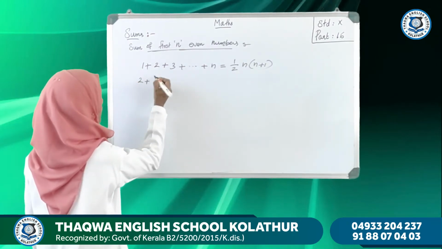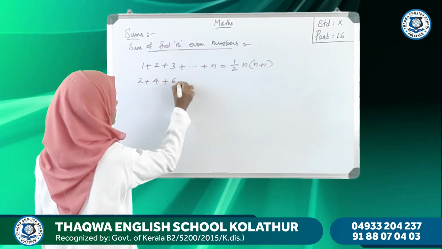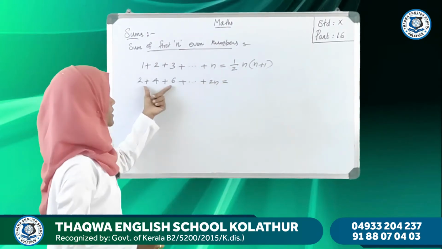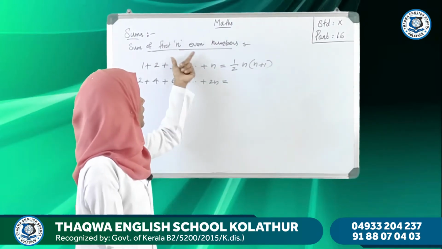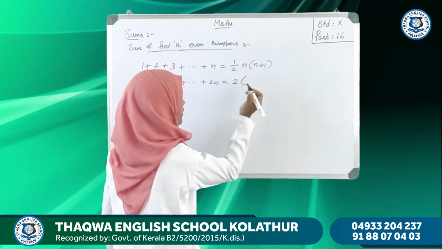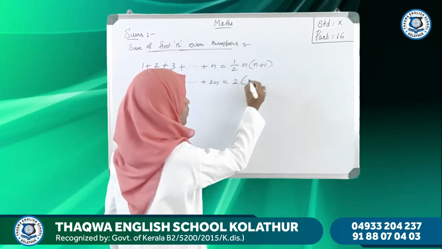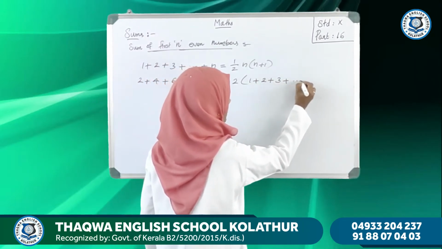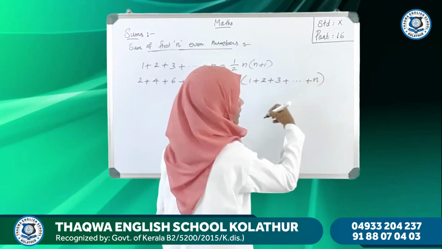Now, 2 plus 4 plus 6 and so on, plus 2n. That is the sum of the first n even numbers. This can be written as 2 into (1 plus 2 plus 3 and so on, plus n).